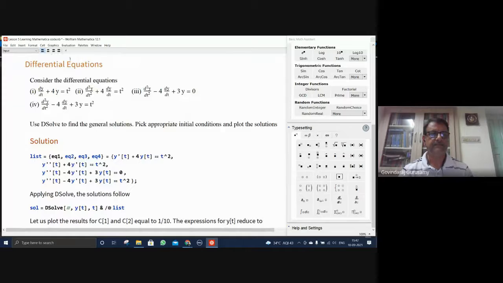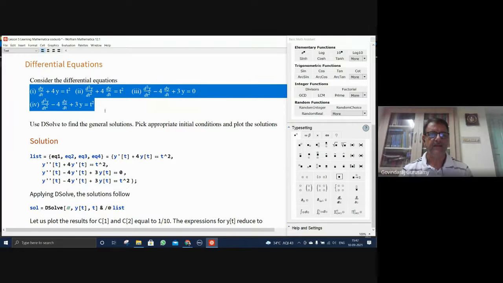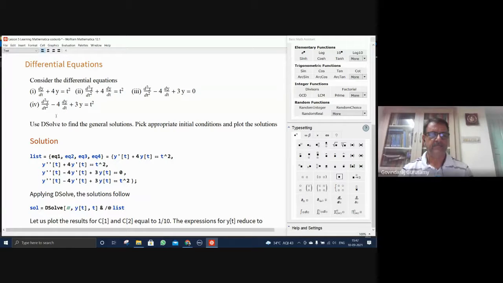Now we have another interesting problem. Now you just see these are all similar types of differential equations. Okay, 1, 2, 3, 4 differential equations which I have. So now you can see I'm going to list all the 4 equations at a time, then define them as equation 1, 2, 3, 4.